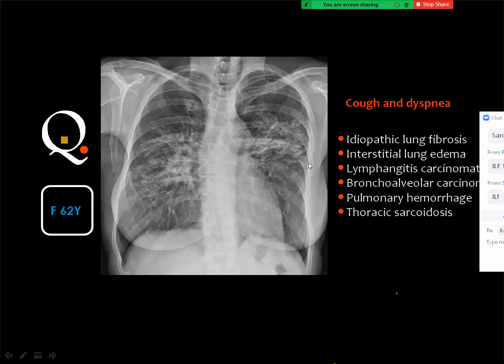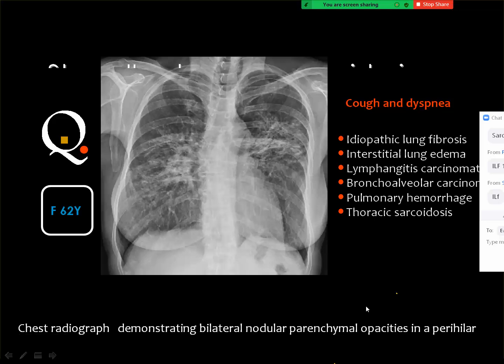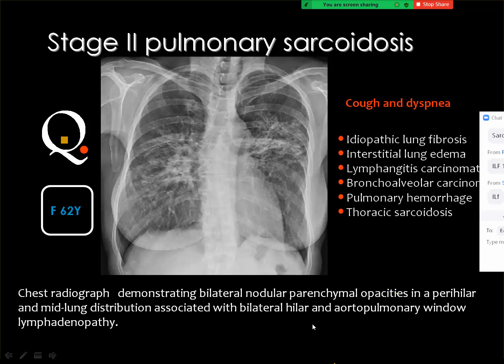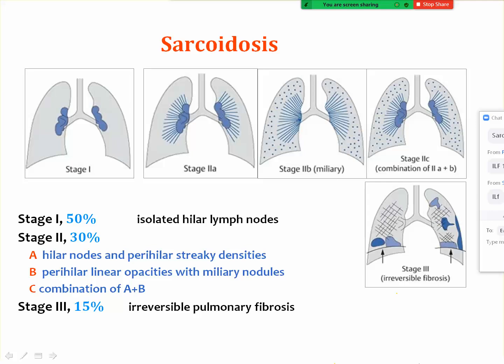And sarcoid, on the opposite side, will involve the upper and middle lung zones, and at a later stage of sarcoid, when it goes into fibrosis, it will form what looks like interstitial lung fibrosis, but it does not affect the lung bases because this is not the distribution of sarcoid. And the answer of sarcoid is very good because the changes are somewhat away from the lung bases.